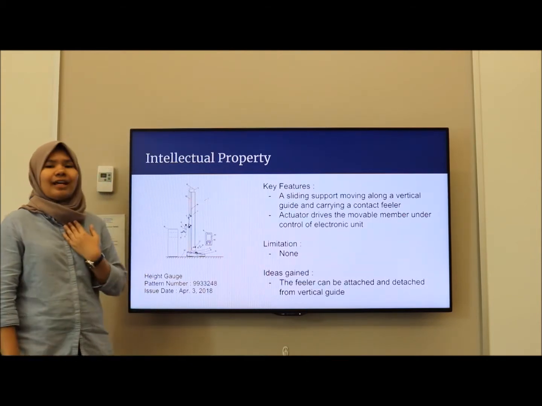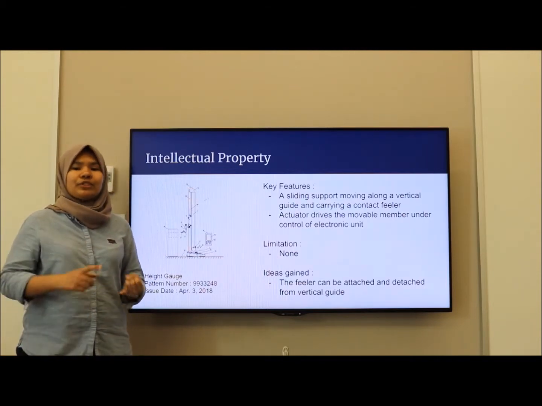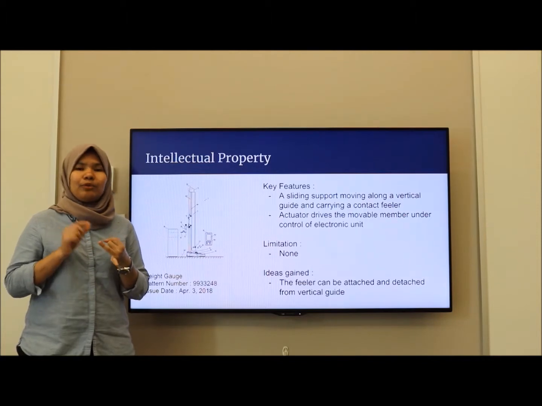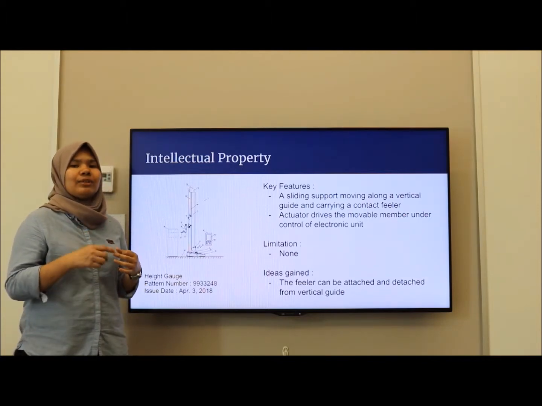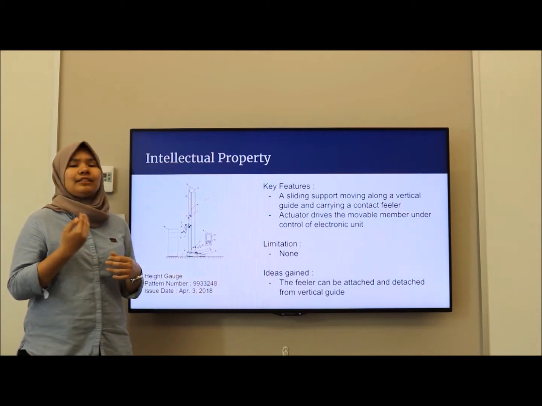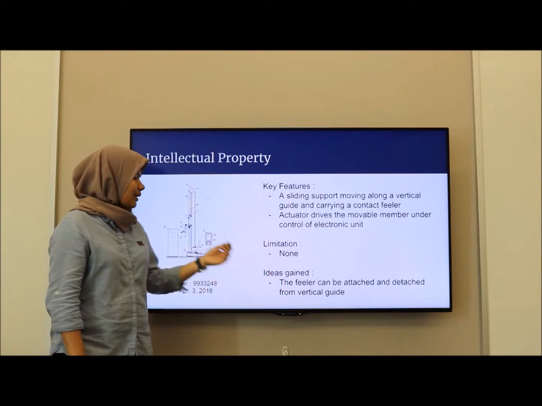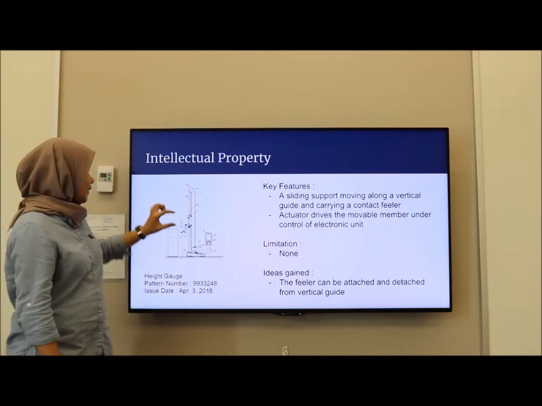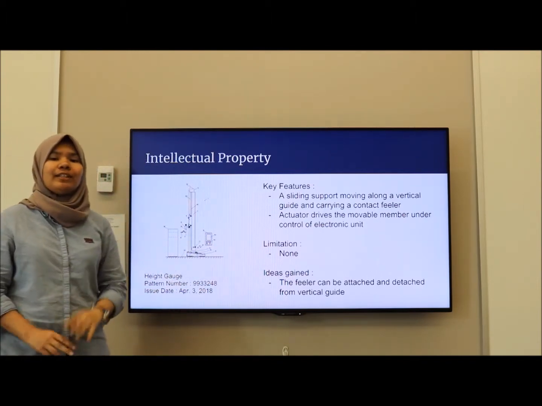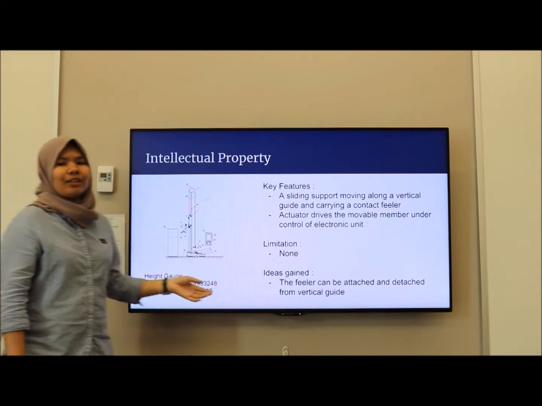As a comparison, in our design, we use a leaf with string connected to a pulley and a motor to lift our small container up. So this distinguishes our kit from this patent. The idea that we gain from this patent is that the pillar can be attached to and detached from the vertical guide. So we will take the idea and apply it to our kit.